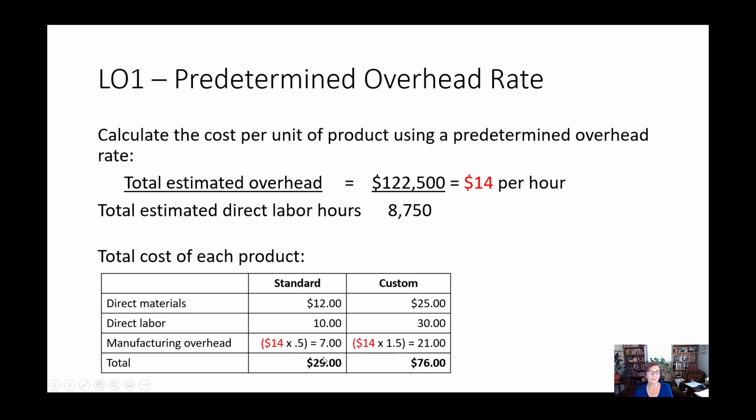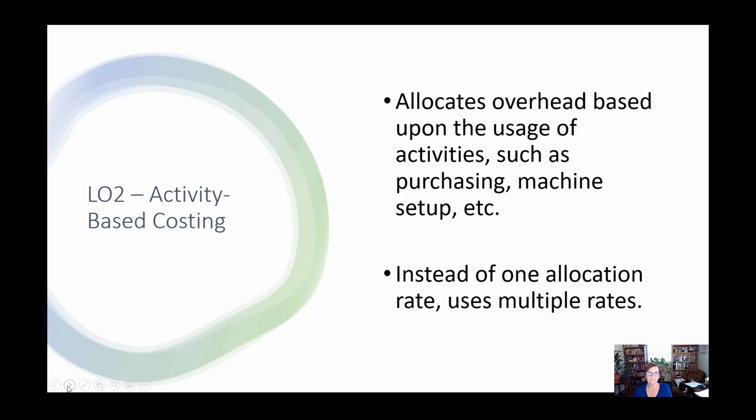Then we're going to add these three up and we're going to get $29 in total cost per unit. The custom is going to be an hour and a half per unit, 1.5 times the 14 gives us $21, and when we add those three up, we get a total cost of $76 per unit. So these are the numbers the company would use to set selling prices.